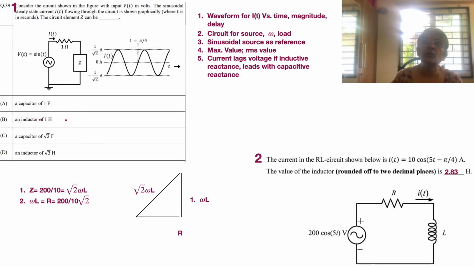So if they are both equal, only then you are going to have the impedance as the diagonal, root 2 times R or root 2 times omega L. So omega L is the vertical portion, R is the horizontal portion of the impedance triangle, and since they have to be equal because the angle between them is pi by 4, the impedance will be root 2 times the resistance, or resistance divided by root 2, or omega L divided by root 2.